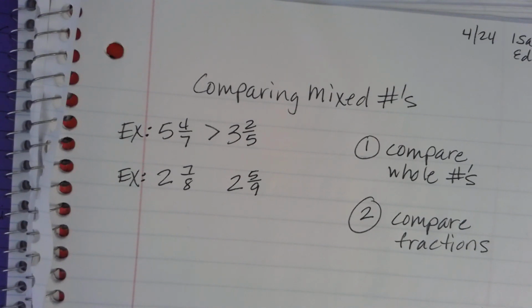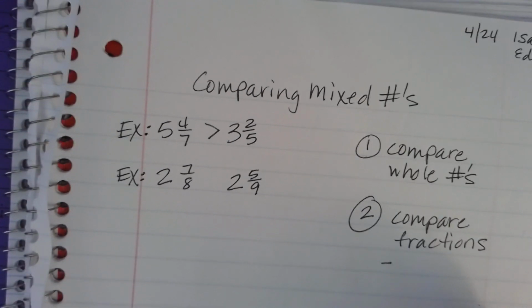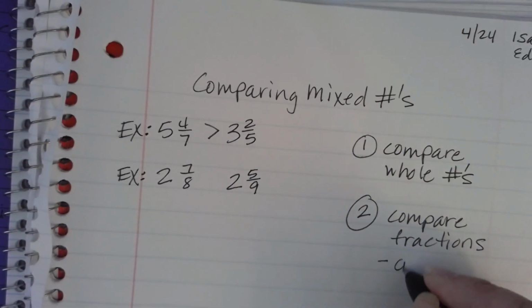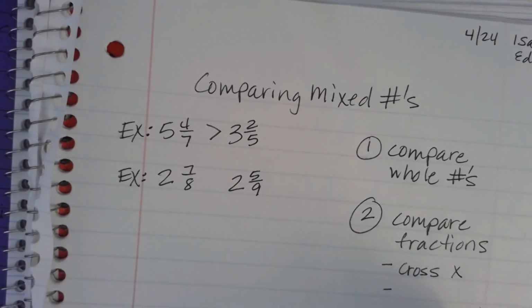No problem. Now, we have talked about comparing fractions already. Okay. Somebody remind me, what are some of the things I can do to just compare fractions? Raise your hand. Okay. So you can cross multiply, right? Or butterfly. What else can I do to compare fractions?